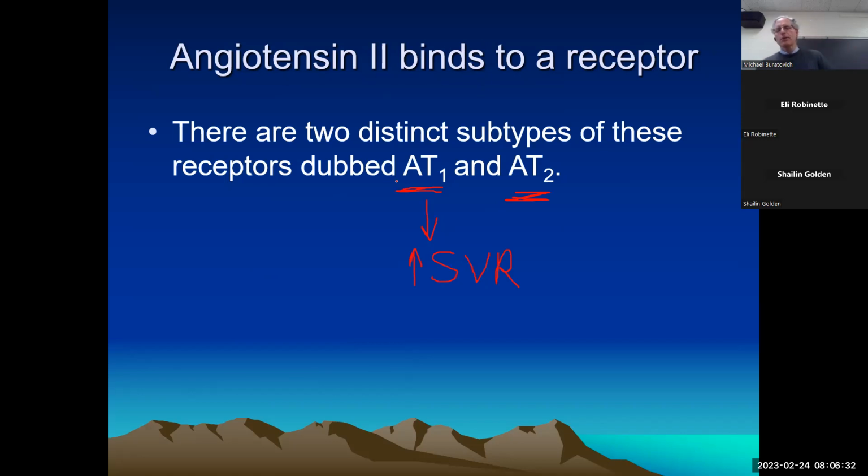Consequently, these receptors are targets for antihypertensives, and there's a group of drugs called the angiotensin receptor blockers, the ARBs. They work in a way similar to the way the ACE inhibitors work. Angiotensin receptor blockers are also antihypertensives.